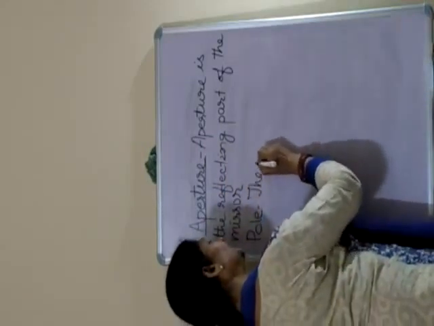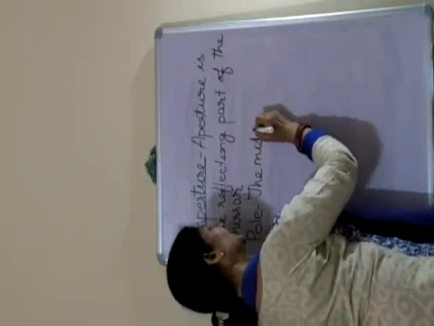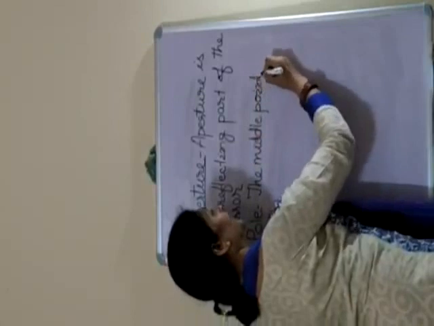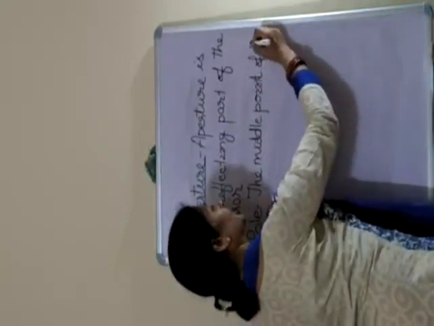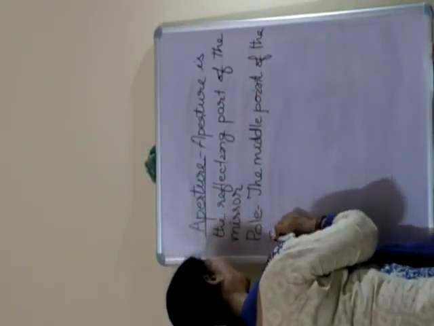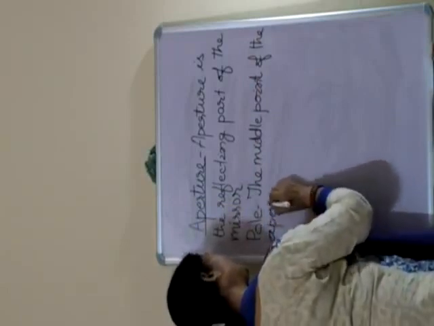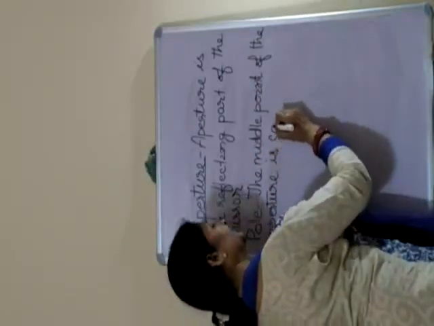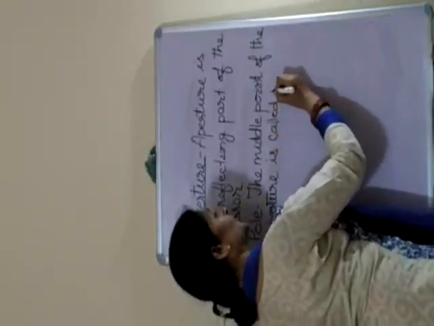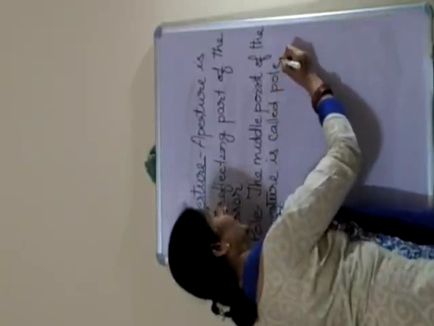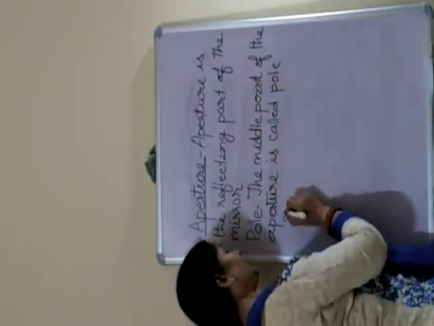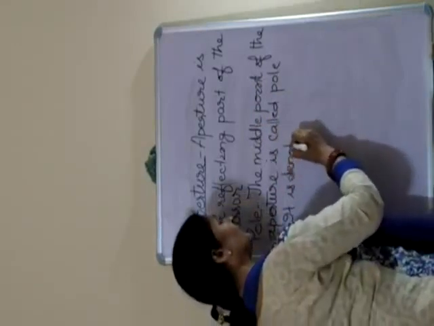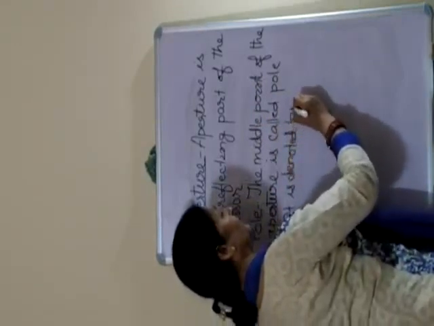The middle point of the aperture is called pole, and in general it is denoted by P.